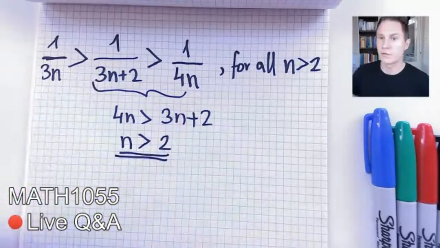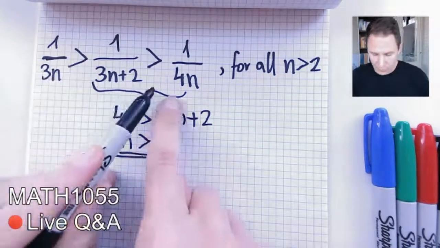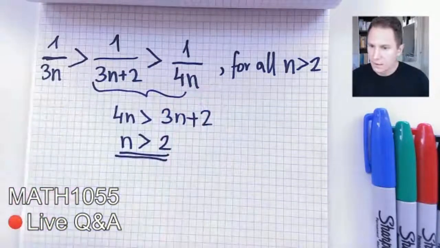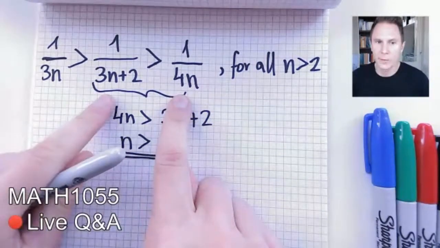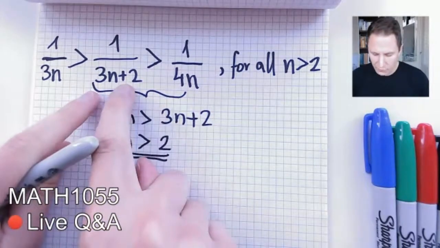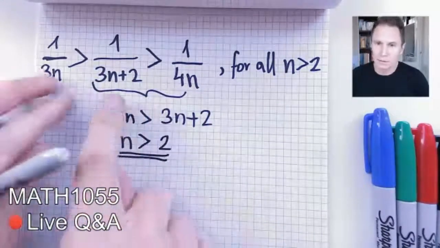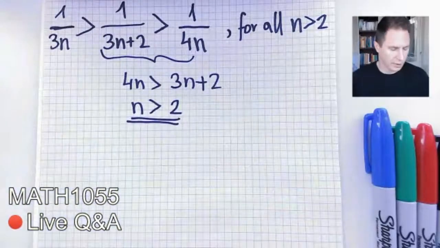And the first few terms are finite, so they don't make a real difference in the behavior of convergence or divergence of the sequence or the series. I hope this makes sense, that if we have plus 2, then we have to be slightly more clever in our use of estimates. Okay, so I hope that was clear.